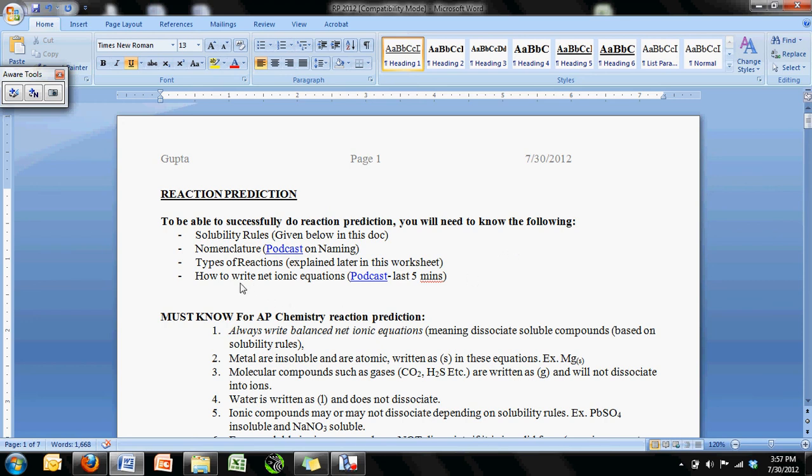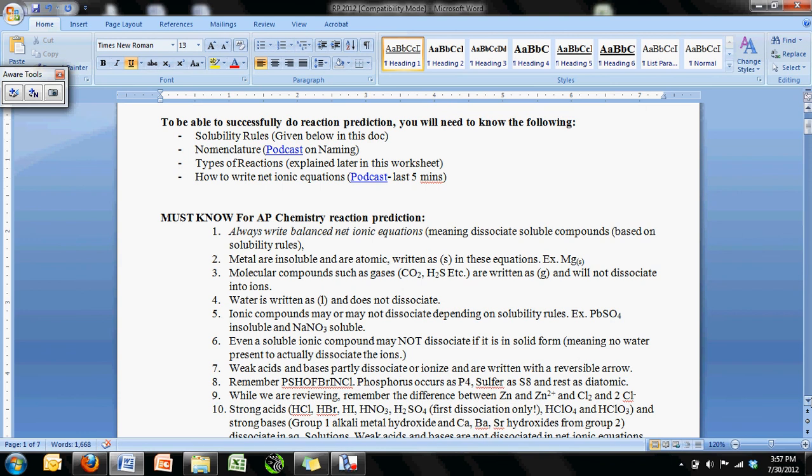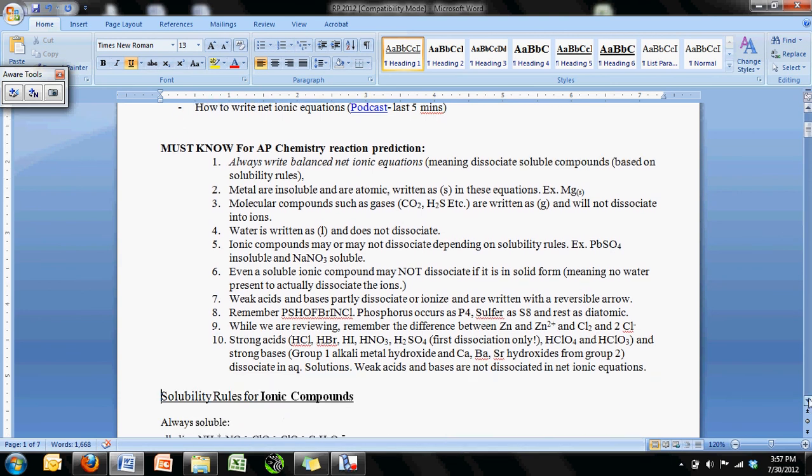The key to writing net ionic equations is to be able to differentiate what dissociates or breaks when writing an equation and what doesn't. And there are some guidelines here that I would like to go over before I start writing net ionic equations with you. These are some of the commonly made mistakes that I have observed over my years of teaching.